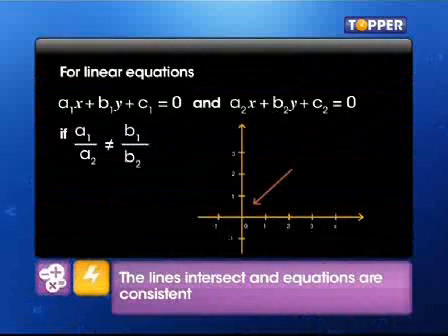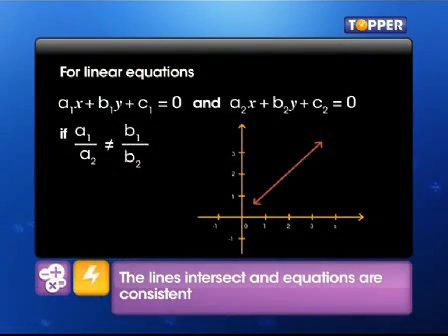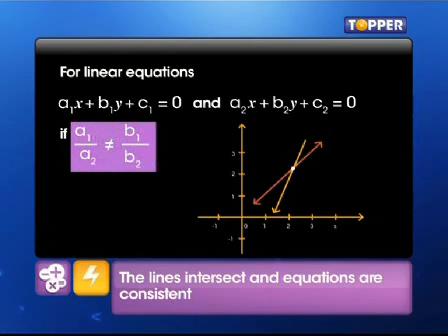Now notice that straight lines as graphs of linear equations a1x plus b1y plus c1 equals 0 and a2x plus b2y plus c2 equals 0 intersect each other at a point only if a1 by a2 is not equal to b1 by b2. And I'm repeating this, they are called consistent equations.